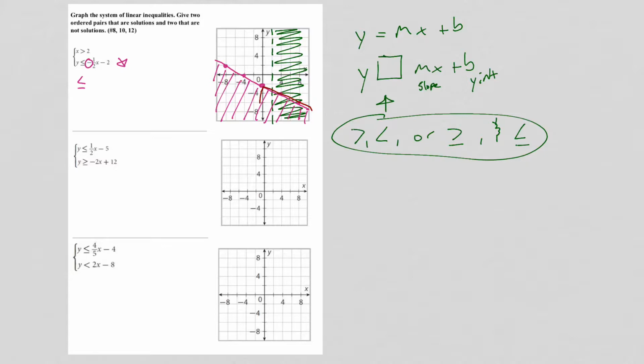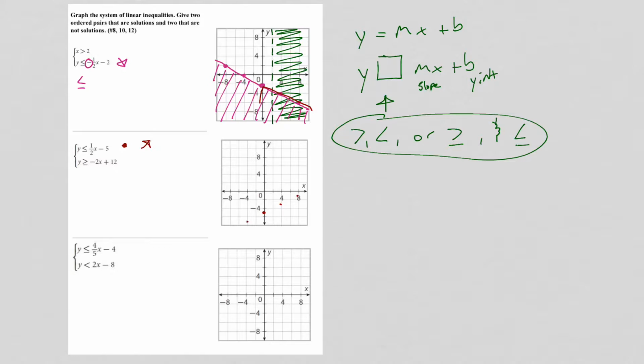So let's try another example. I'm going to do this line in that color, and we're going to start at -5, which is right around here, and it's a positive slope, so it's running uphill, and it's running up 1/2, or 2/4. So it would be right around here, right around there.